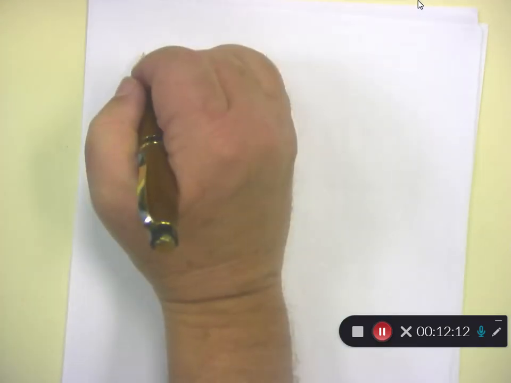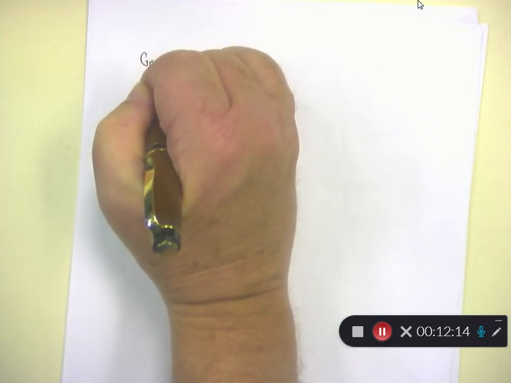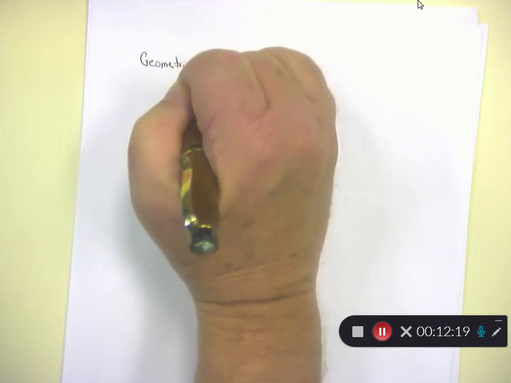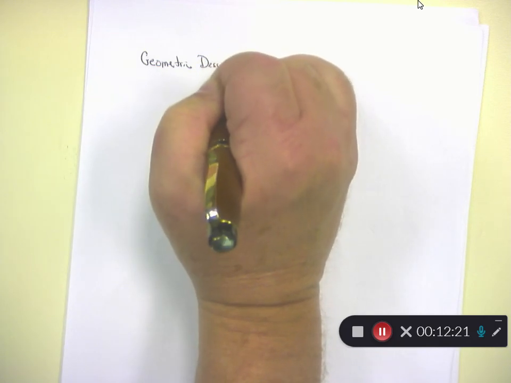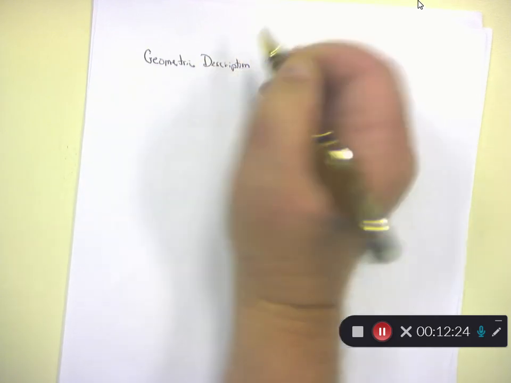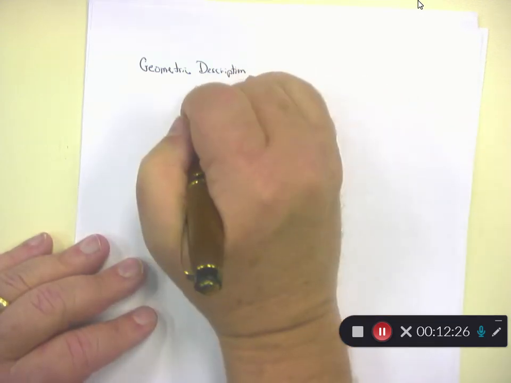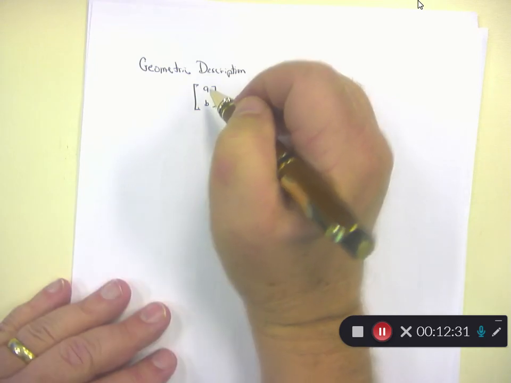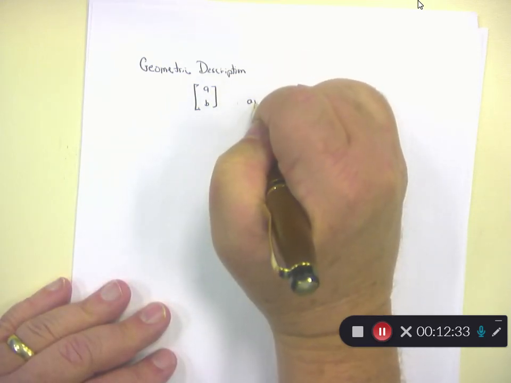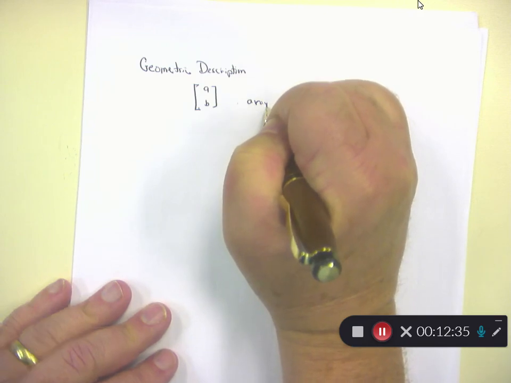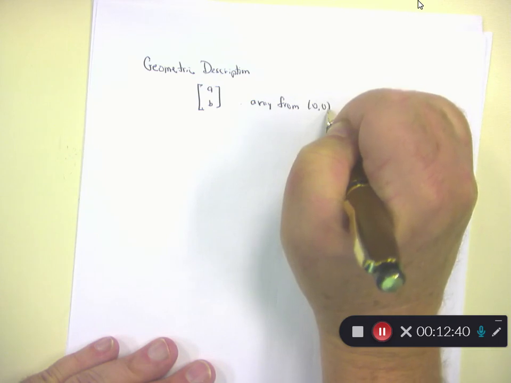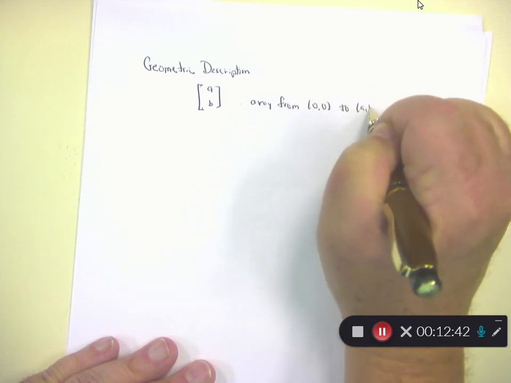That is this. Again, I mentioned before as I drew these guys out, your geometric description: if you got the vector AB, what you got here is a ray from the origin, which is the point 0, 0, to the point AB.